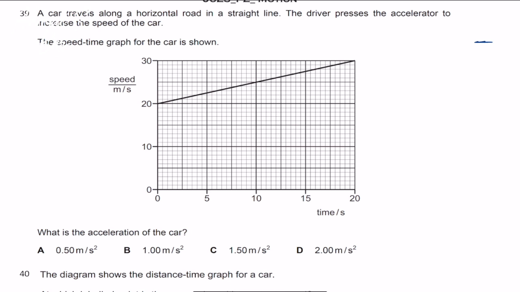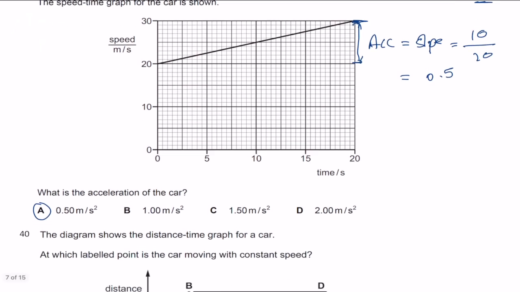The acceleration is supposed to equal the slope. So you can write that down. The acceleration equals the slope. The slope here can be calculated by change in y divided by change in x. I can see change in y, it's that distance, which is almost 10, divided by change in x, it's 20, so it's 0.5. So I'm going to go directly to 0.5 and choose it. So the right answer here is A.